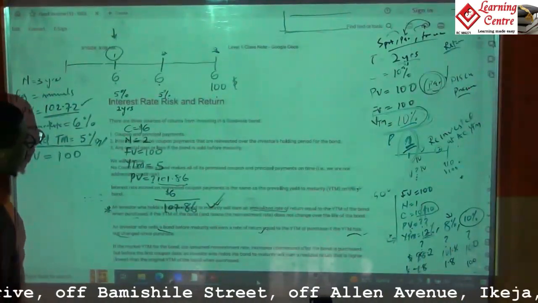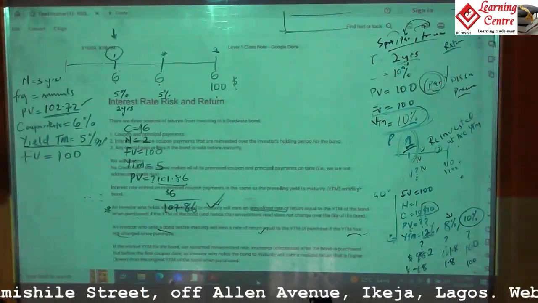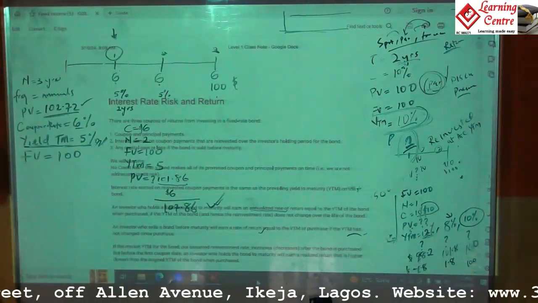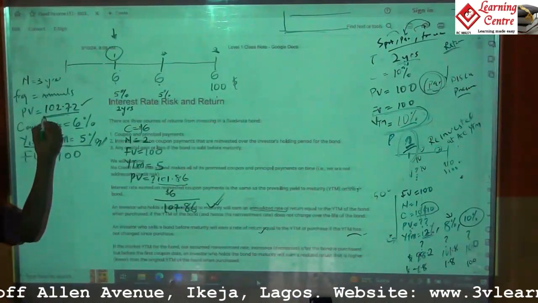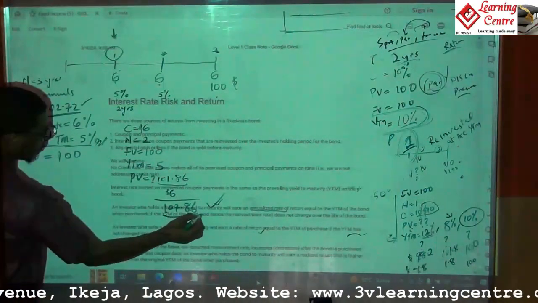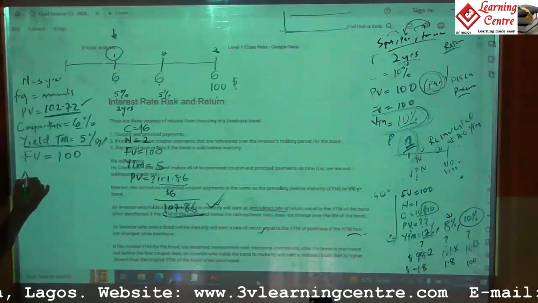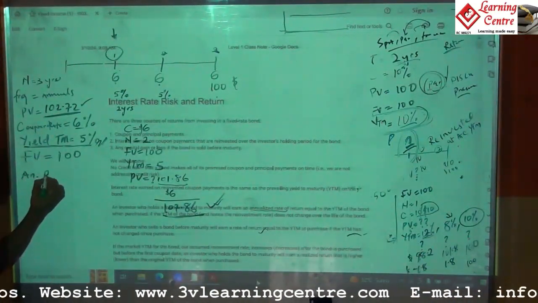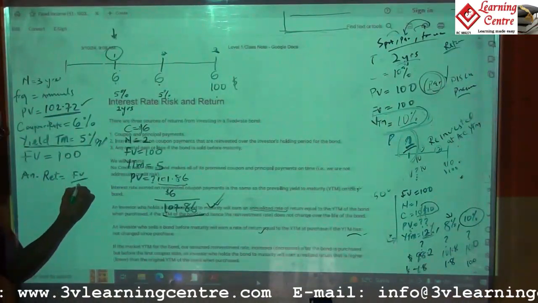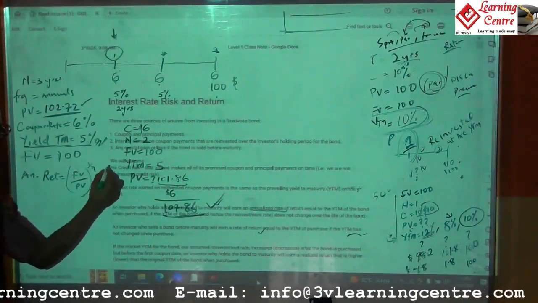Who can give me the annualized rate of return? What would be the annualized rate of return for this case? Someone paid 102.72. And after 1 year, that capital is 107.86. Remember, the formula for annualized rate of return is FV over P to the power 1 over N, and it's 1.